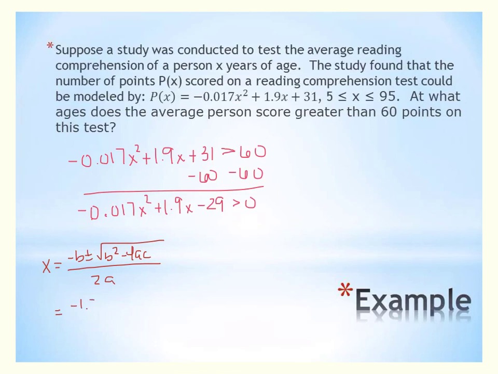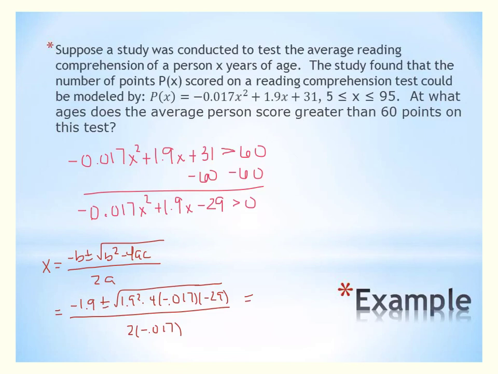So -1.9 plus or minus the square root of 1.9 squared minus 4 times -0.017 times -29, all over 2 times negative 0.017. And ideally here, you're just wanting some decimals, so I'm not even going to worry about trying to simplify this. I'm just going to go ahead and get this down to a decimal.